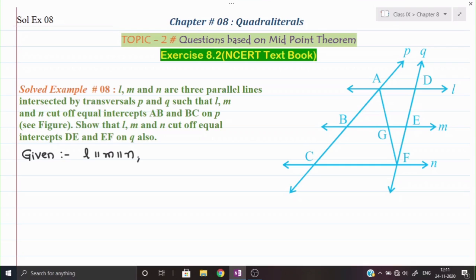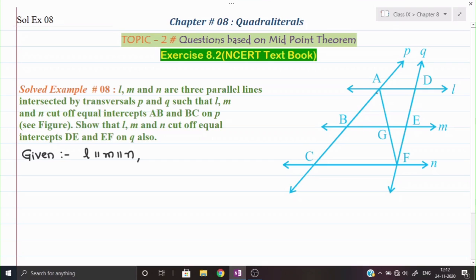What is intercept? When the transversal intersect the pair of lines or the parallel lines, the length of the transversal which remains between the two parallel lines is called as the intercept. For example, look at the lines L and M. Between lines L and M, the length of the line P that remains over here is AB.